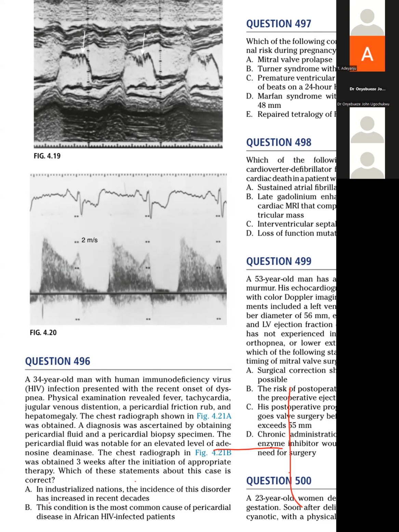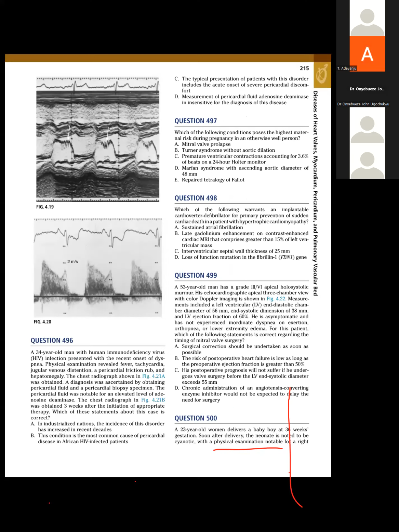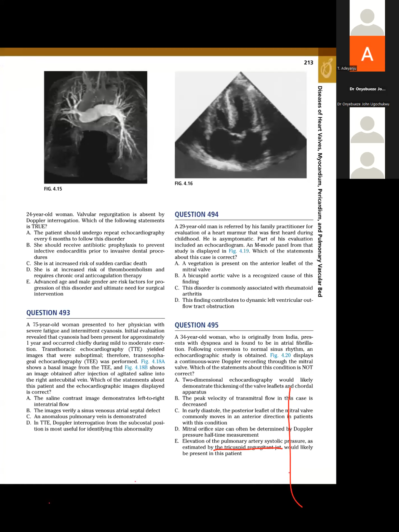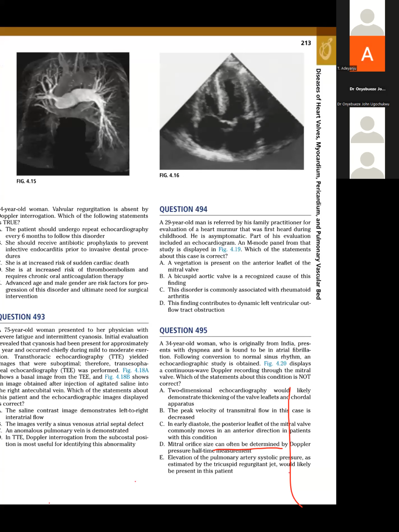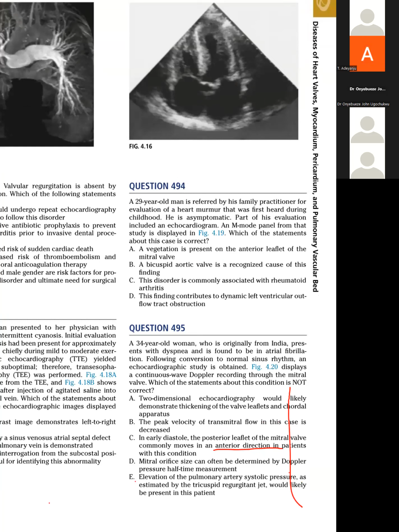Let's look at what the options are asking about. Which of the statements about this condition is not correct? We're looking for the wrong one. A: two-dimensional echocardiography would likely demonstrate thickening of the valve leaflet and chordae apparatus.